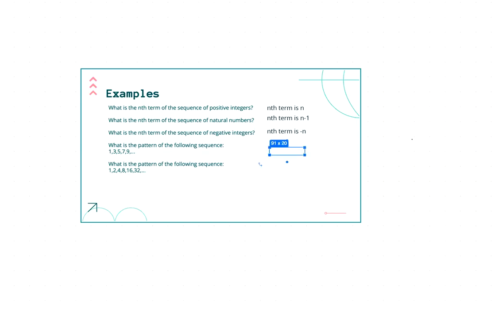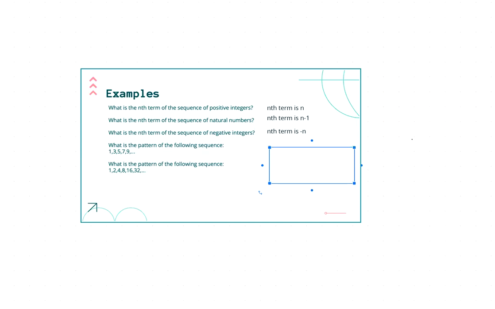Okay, so here we have our pattern 1, 3, 5, 7, 9. So what this looks like is the sequence of odd numbers, right? And we can see here that the difference between each number is going to be 2. So that means that as n increases by 1, the nth term increases by 2, right?